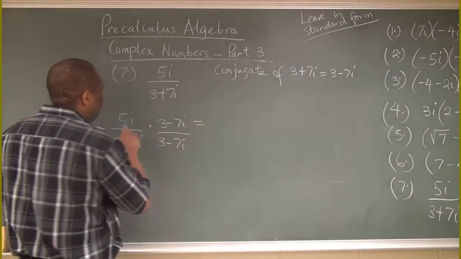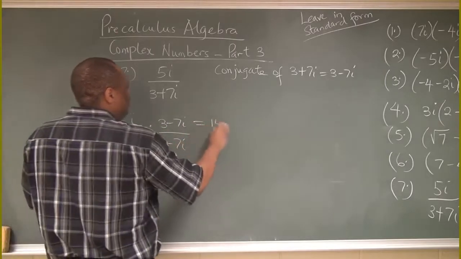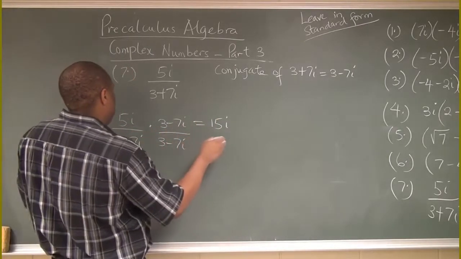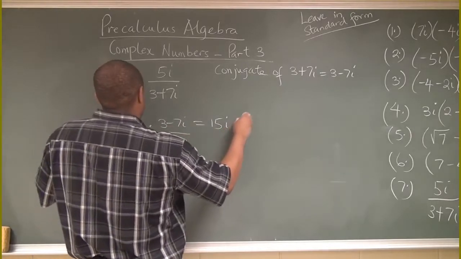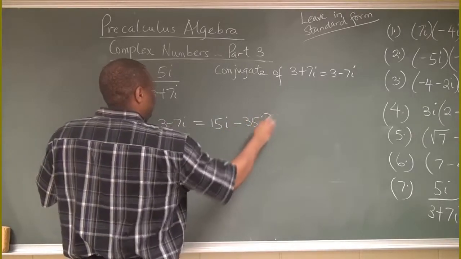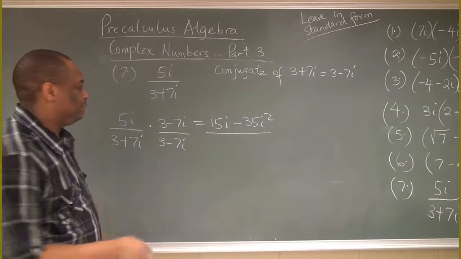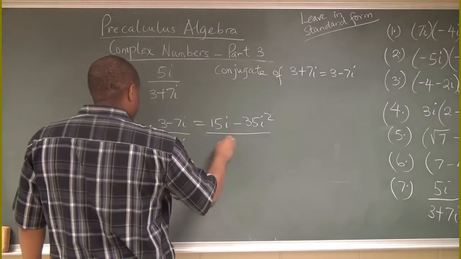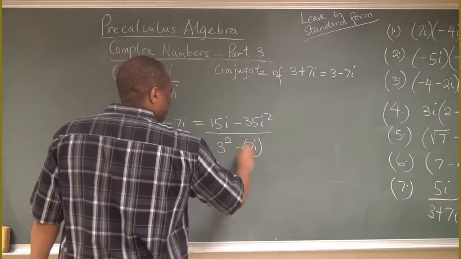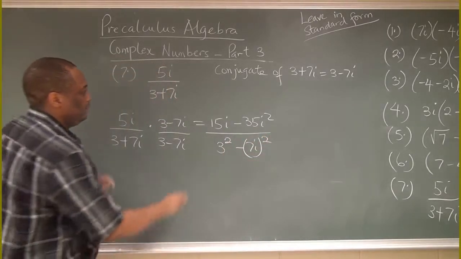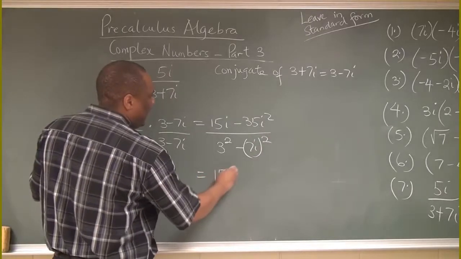So now when we do this, 5i times 3 is what? 15i. Then 5i times negative 7i is what? Negative 35i squared. All over, you can do this as difference of 2 squares, 3 squared minus 7i all squared. Okay? So this will give us what? 15i.